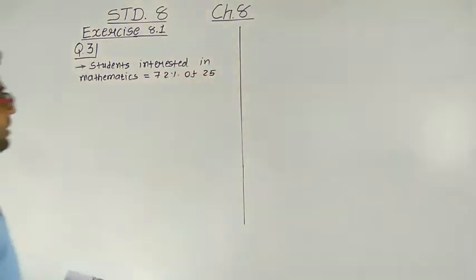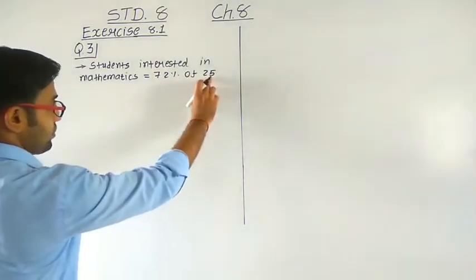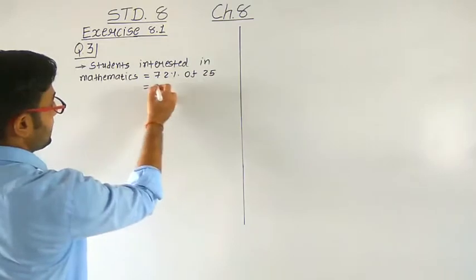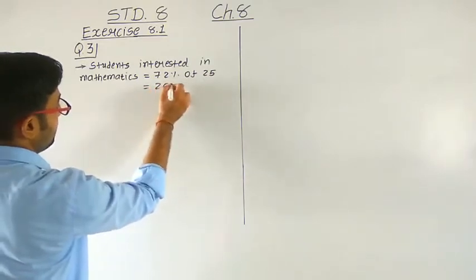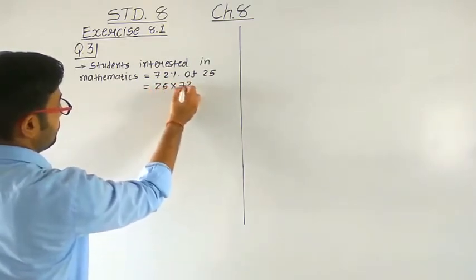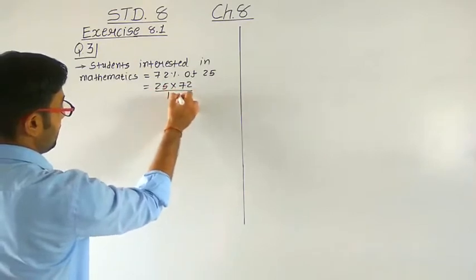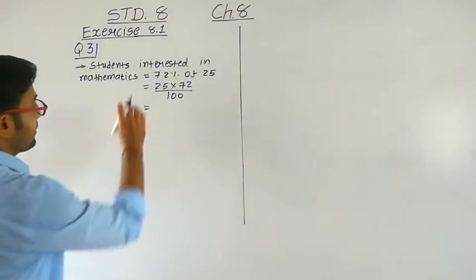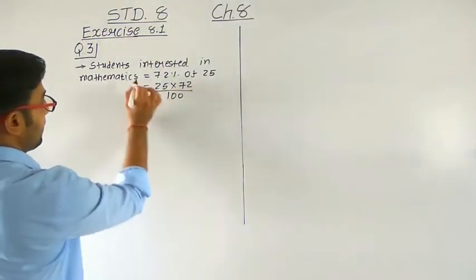So here we have to find 72% of 25. How can we find it? We can find it as 25 into 72 upon 100. Right? This is how we can find the percentage of any given number.